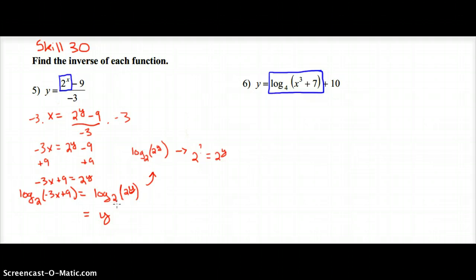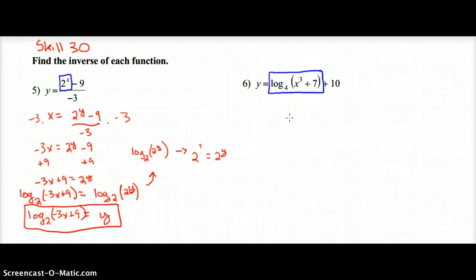That's why log base 2 of 2 to the y simplifies to y. And once we have y all alone, we know we're done. Our answer is log base 2 of negative 3x plus 9. That's our answer for number 5.